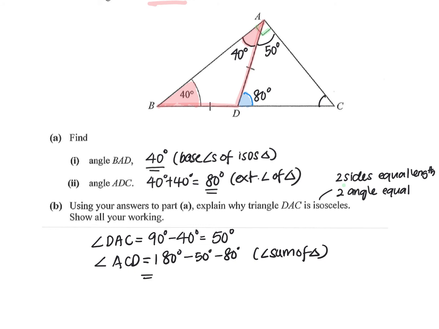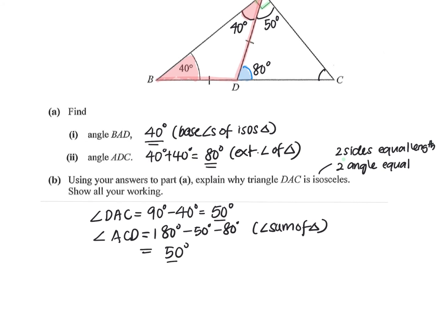So this will be 180 minus 50 minus 80 to give me 50 degrees. We have two of them with the same angle. Then we need to explain, since angle DAC equals angle ACD, so we have two equal angles, therefore triangle DAC is isosceles.